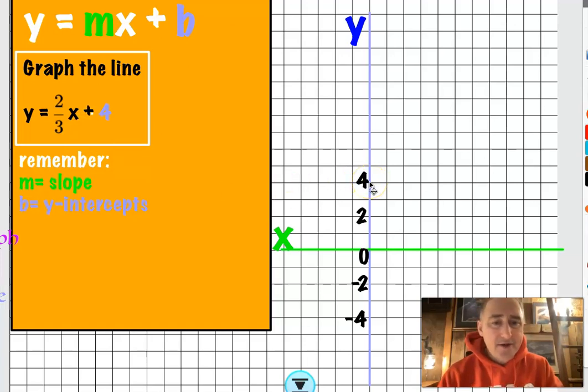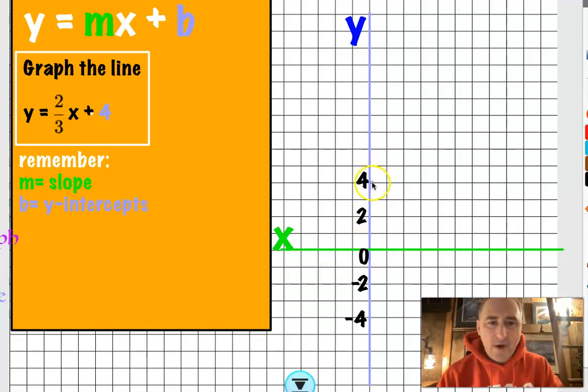Now how do I know it's this 4 and not this 4? Because it says plus 4 and the 4 is positive, so the dot's going to go here. Because this is blue, I'm putting it on this line. I'm not going to put my first dot on the green line.